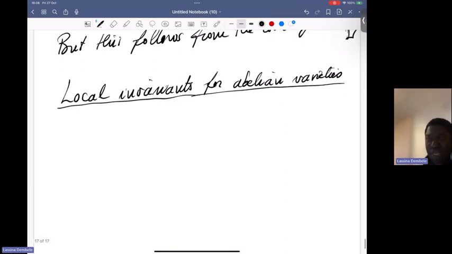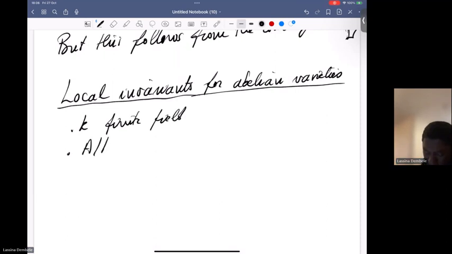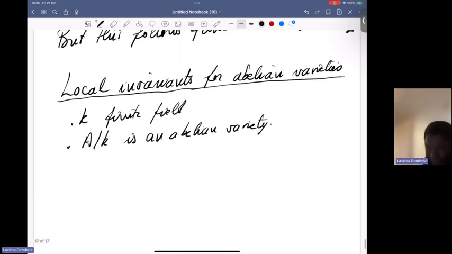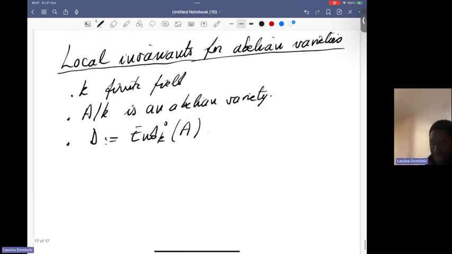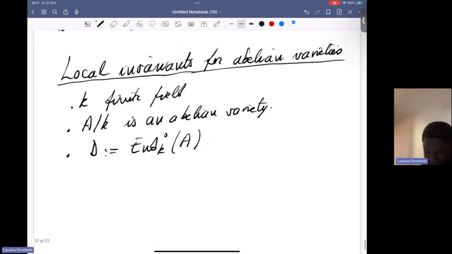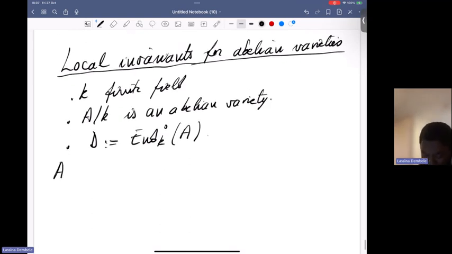Okay. So again, the setup is what we had before. So K is a finite field, A over K is an Abelian variety, and we let D be the endomorphism algebra of A. And if you remember, the first thing we saw was the Albert classification.